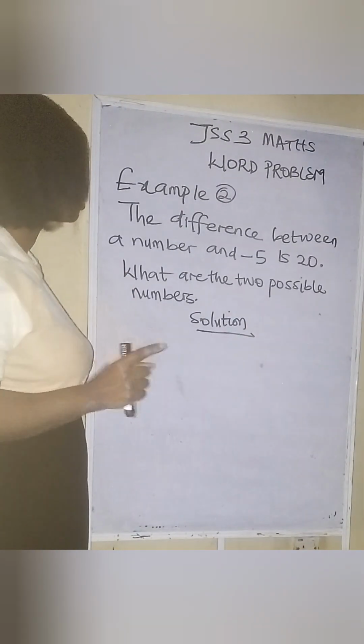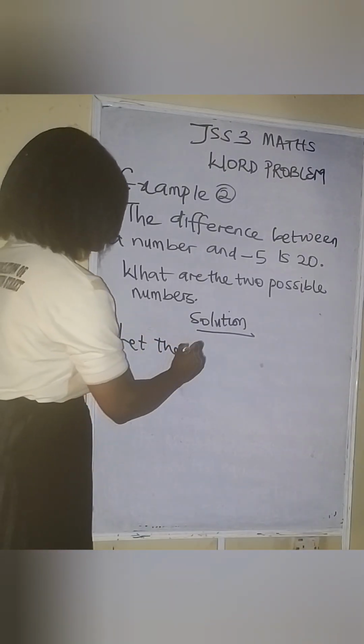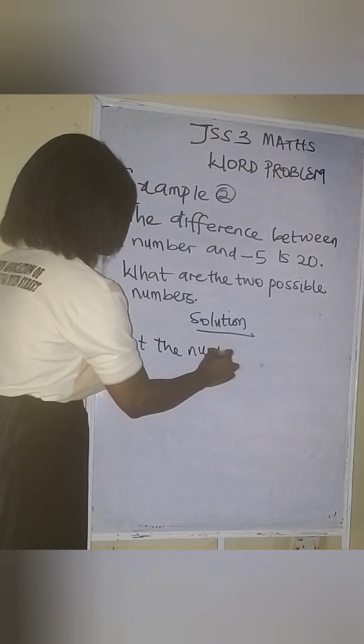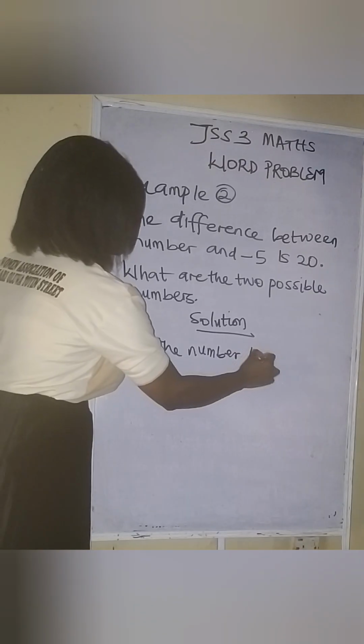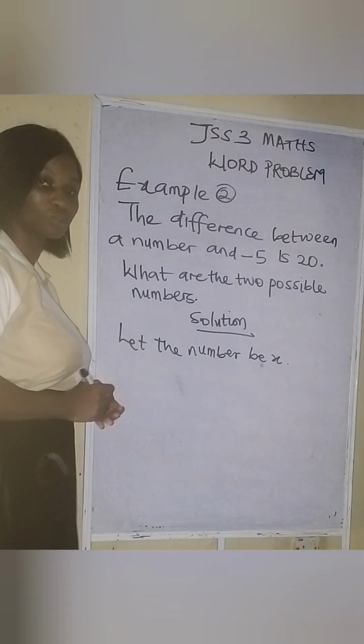So it will come in this way. First and foremost, let the number be x. I tell you that we can use any letter to represent the number. So we want to know the two possible numbers.